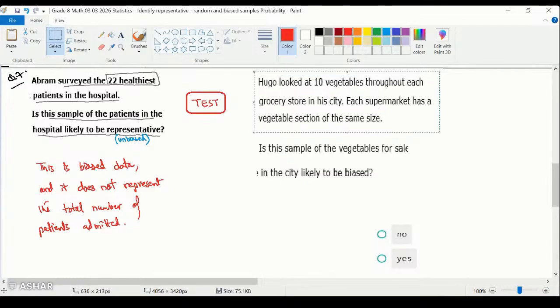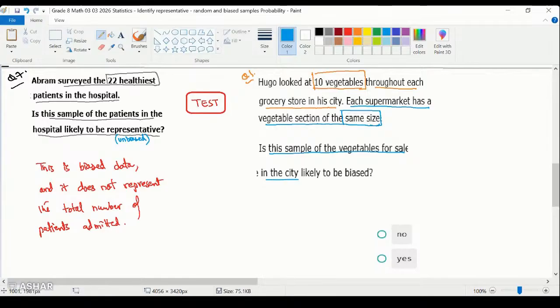This is our question number 1 from the test. Hugo looked at 10 vegetables throughout each grocery store in the city. Each supermarket has a vegetable section of the same size. They're talking about same size sample space, same number of vegetables. Is this sample for the vegetables for sale in the city likely to be biased?